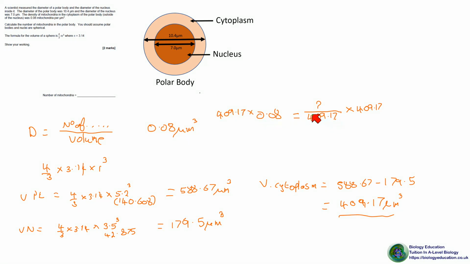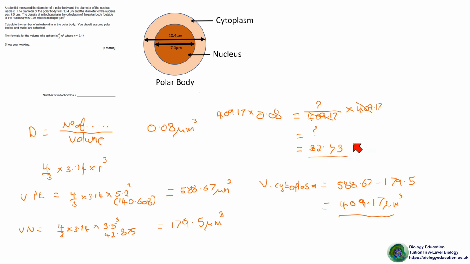These values cancel out and we are left with our question mark, which is the number of mitochondria, and that will equal 32.73.